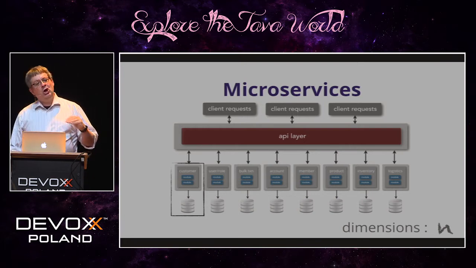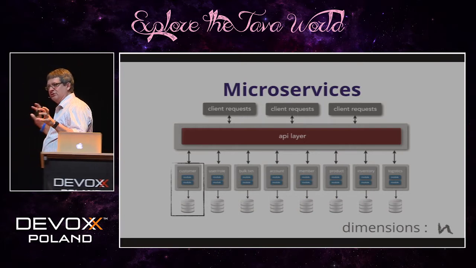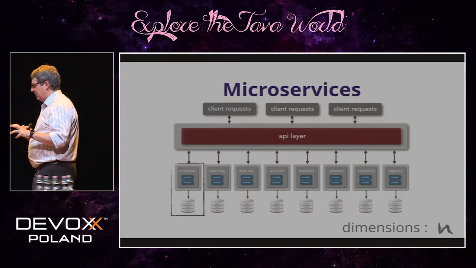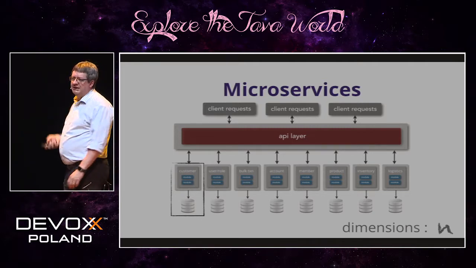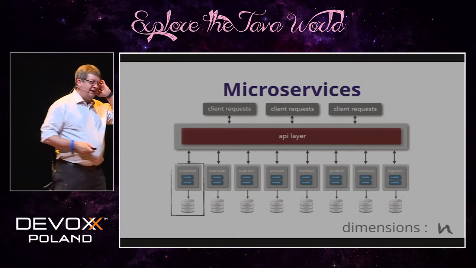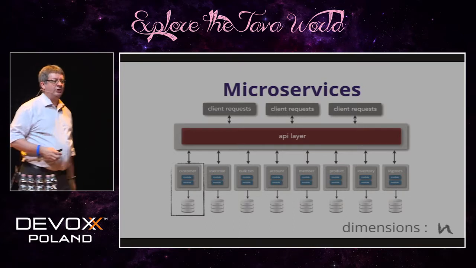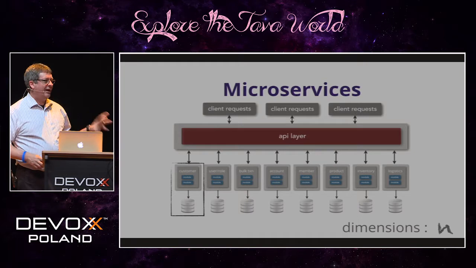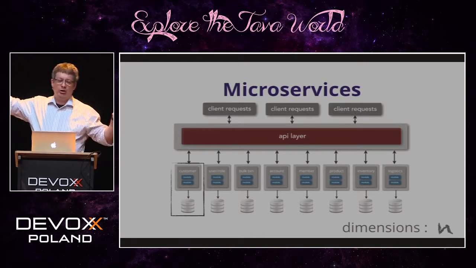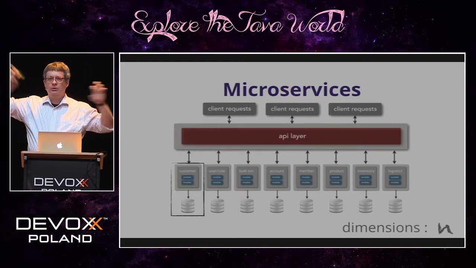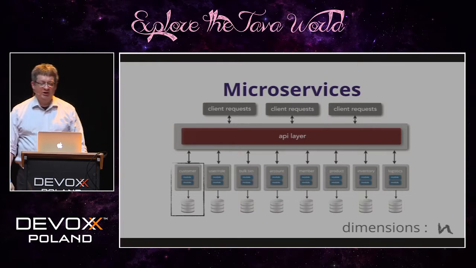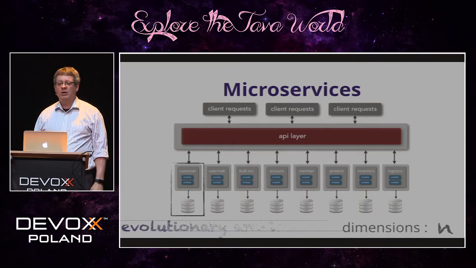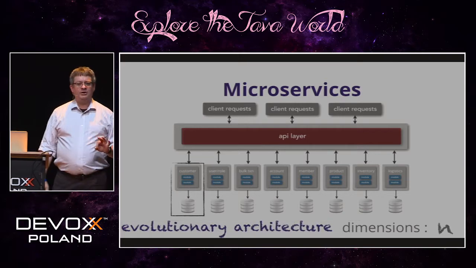Because notice there's no coupling between these services. That's another strong principle in the microservices world. There's 0 coupling between each of these domain entities, meaning that I can evolve the technical architecture for any one of these without having any effect on the technical architecture of the other ones. And so those are independent of one another, so I now have lots of dimensions of evolvability. This is a good example of an evolutionary architecture.